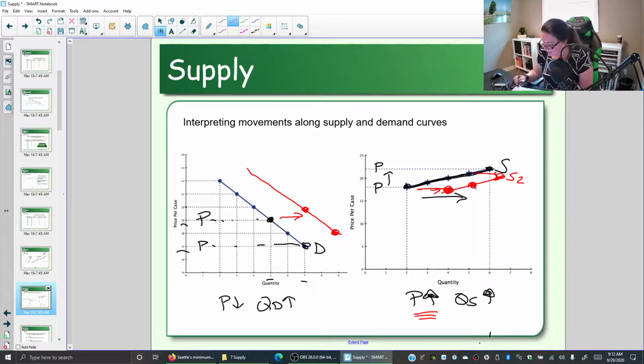And we can see a supply increase or a shift to the right. We could also see a supply decrease or a shift to the left, where businesses are willing and able to sell less at every price. So we want to make sure we know the difference between a change in demand and quantity demanded, and a change in supply and quantity supplied.